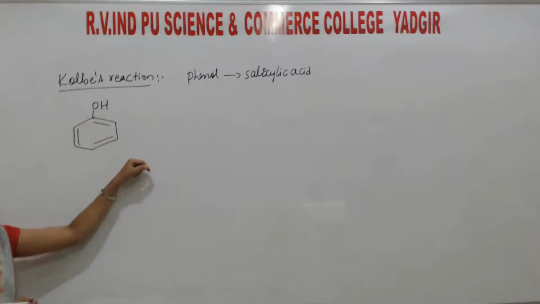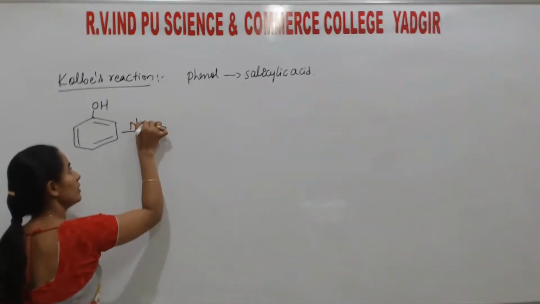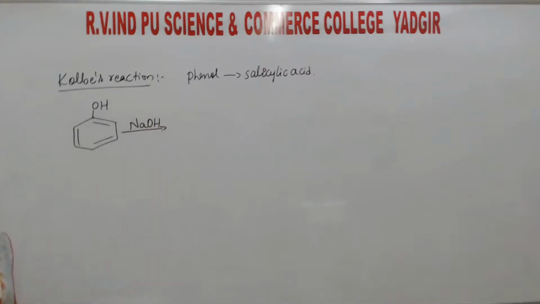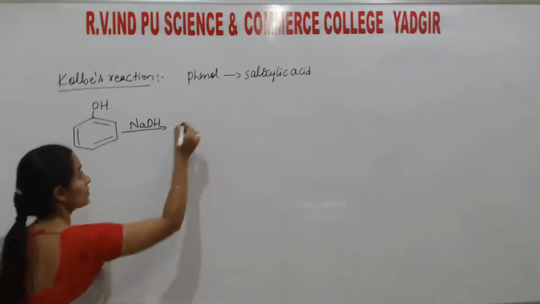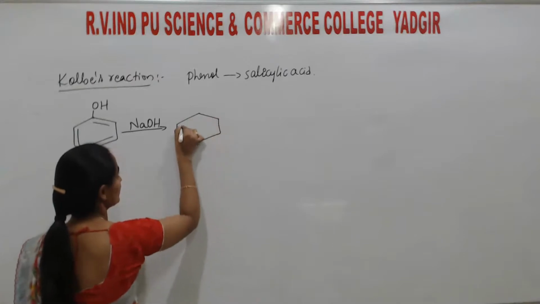Okay? So this phenol is treated with or fused with NaOH. Phenol is fused with NaOH. So then it forms sodium phenoxide.